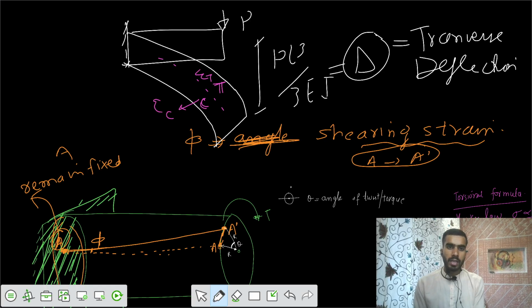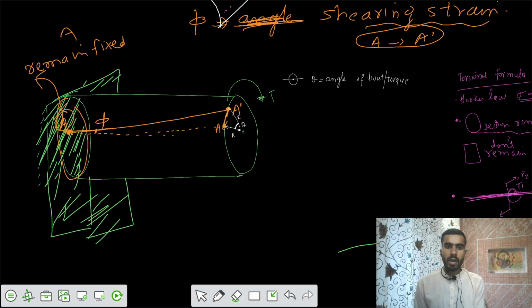So strain is along the fibers, and this is your transverse deflection. Similarly, for this one, that theta we can also call torsional deflection. But the strain developed, that distortion of the member, that's your phi. So that's your distortion, that's your strain.